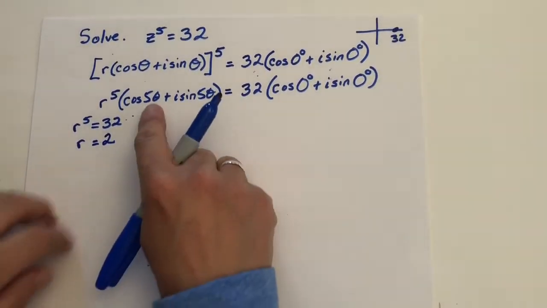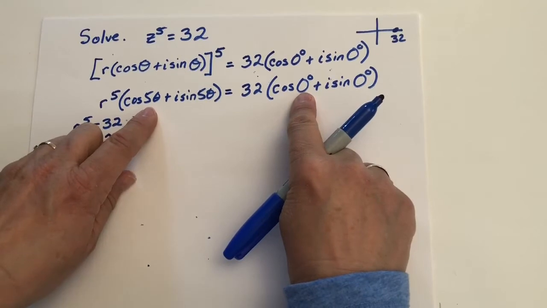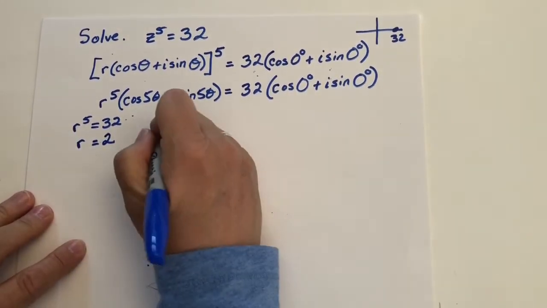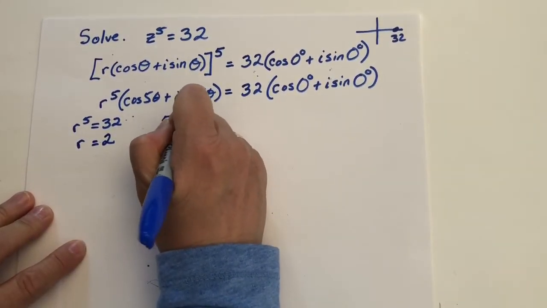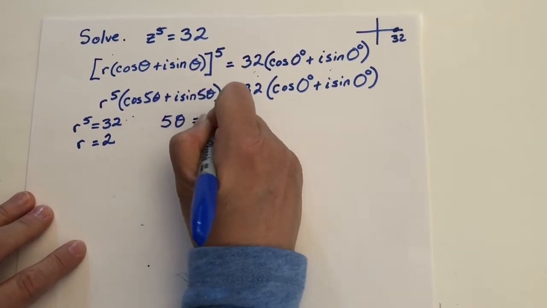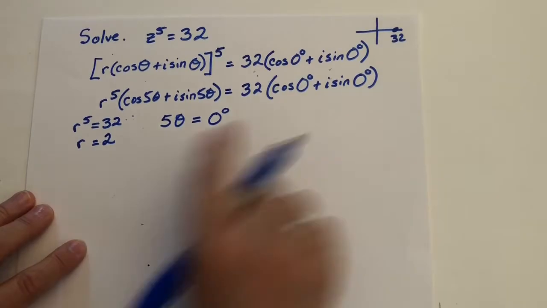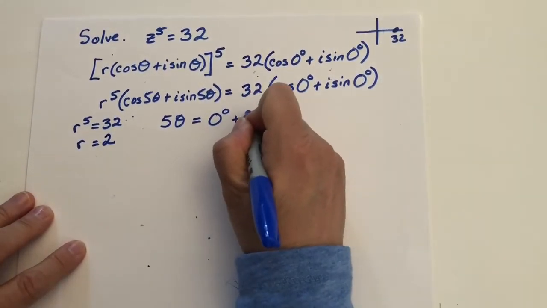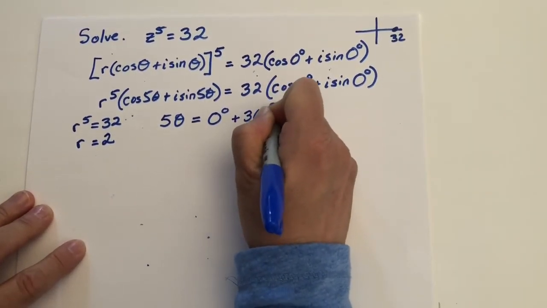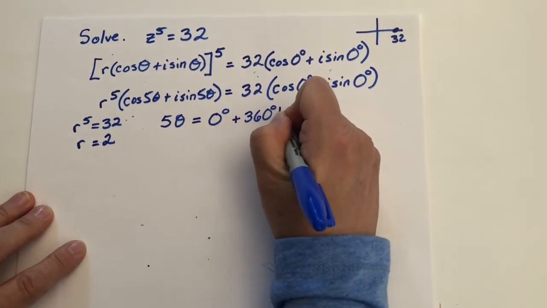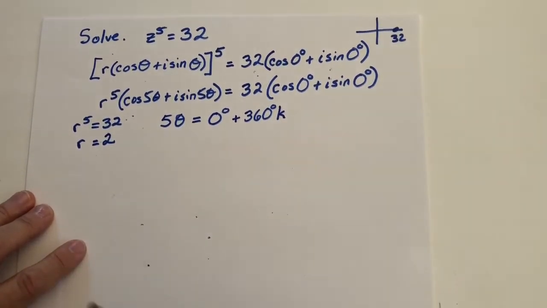Similarly, I want 5 theta equal to 0 degrees, or any angle coterminal with 0 degrees, which means I can add 360 k, where k is any number 0, 1, 2, 3, and so on.